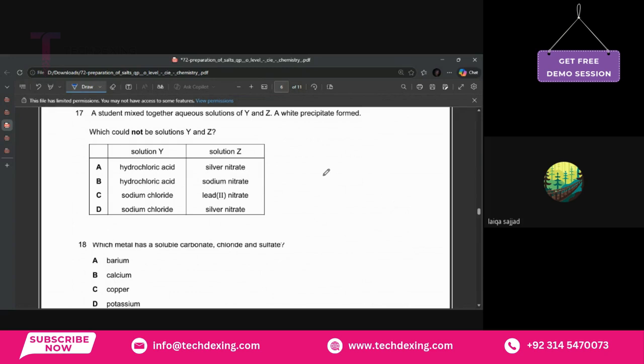So we want to see, by reacting each pair, which pair will not give you a white precipitate.